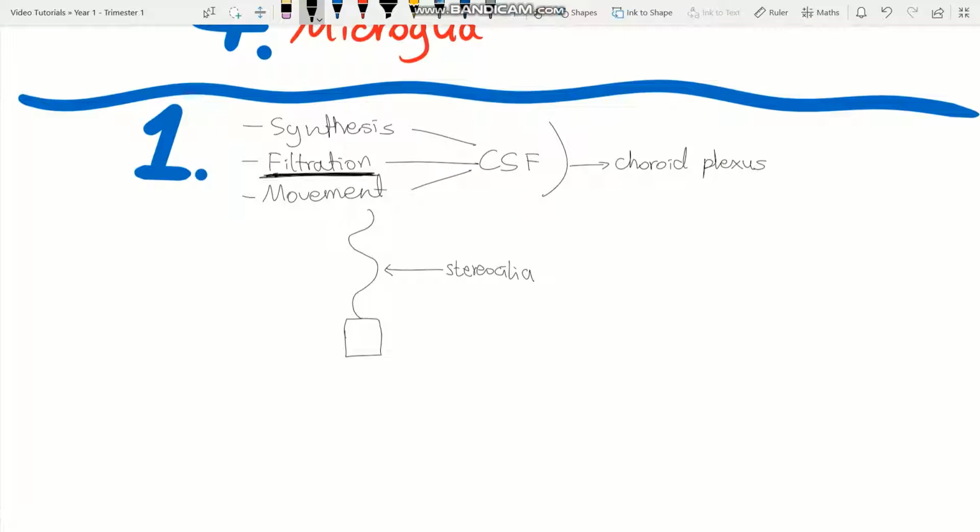However, unlike microvilli, in which the function of microvilli is to allow for the absorption of nutrients, for example, in the small intestine, stereocilia in this case are able to allow for the movement of cerebrospinal fluid by various motions around the ventricles in the brain. So essentially, their own movement is able to allow for a function similar to a rudder on a ship, and therefore allow for the movement of the cerebrospinal fluid in various directions.